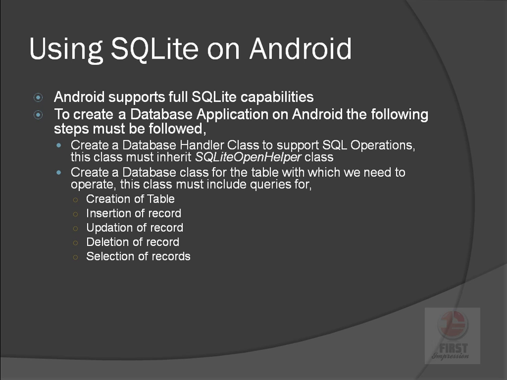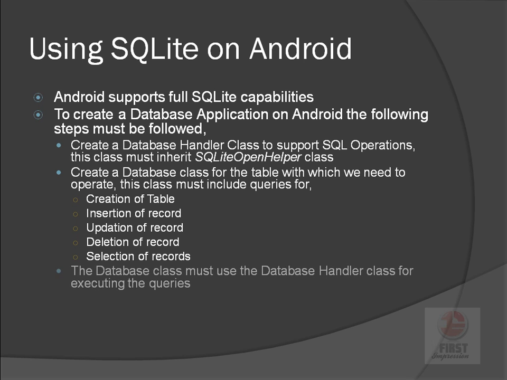The database class should use the database handler class to execute the queries, so this table specific class must use the handler class to access the SQLite database. Then create the main Java code and access the database class inside it.